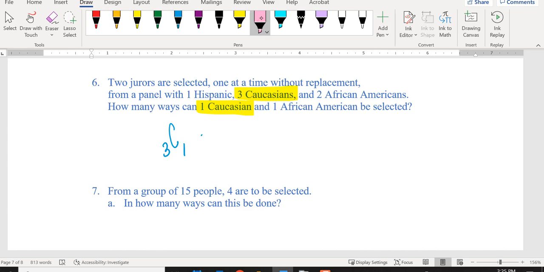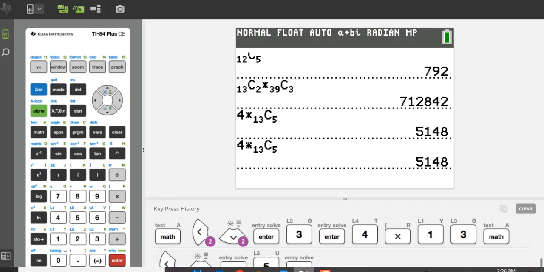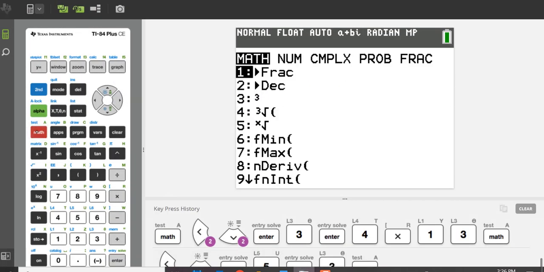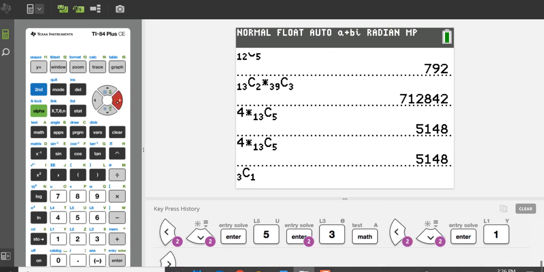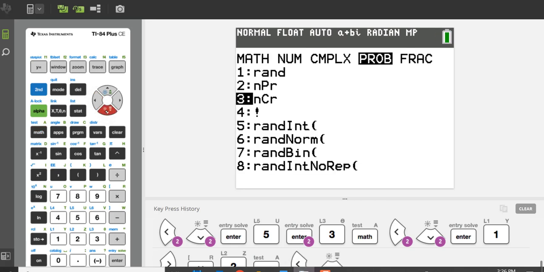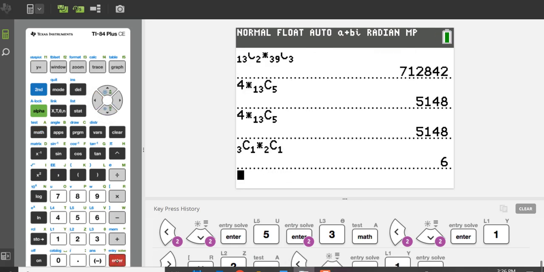Now, you want to pick 1 African American out of the 2. That's going to be the combination of 2, pick 1. Combination of 3, pick 1, times the combination of 2, pick 1, is 6.